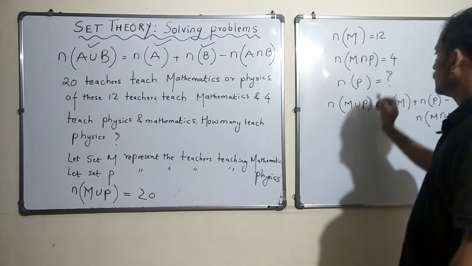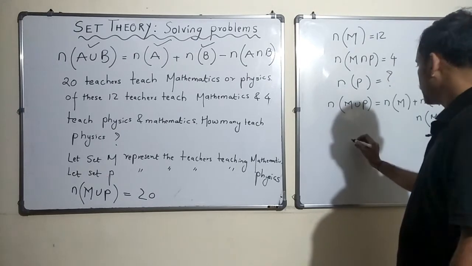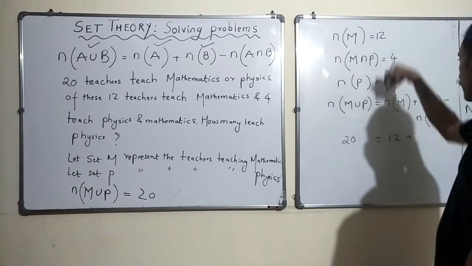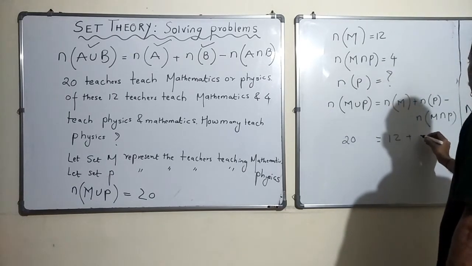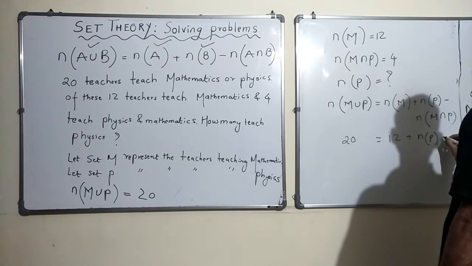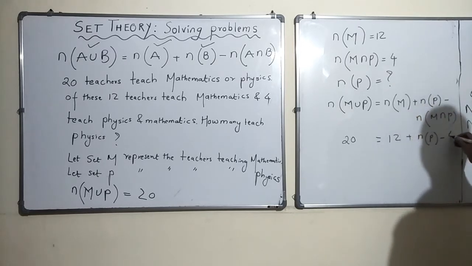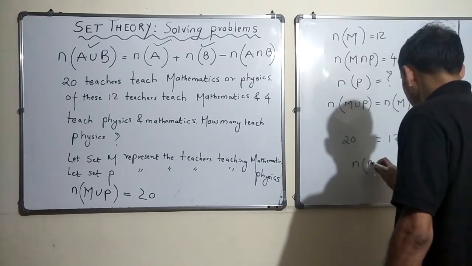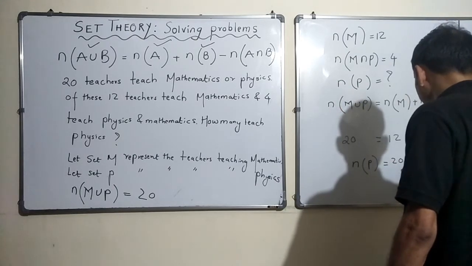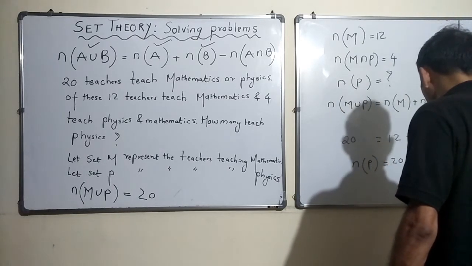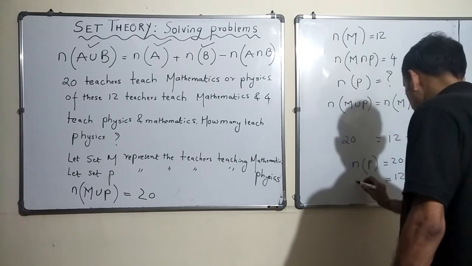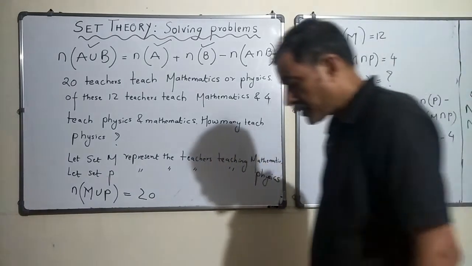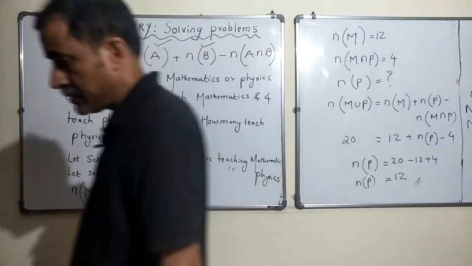This is 20, this is 12, just substitute. I don't know this, so I keep it as it is, minus this one is 4. So it becomes 20 minus 12 plus 4, is it 12? So the number of teachers who teach physics is 12.